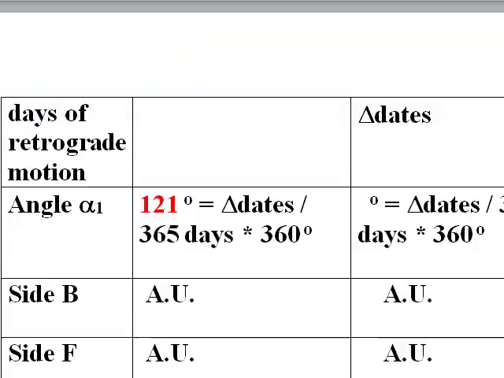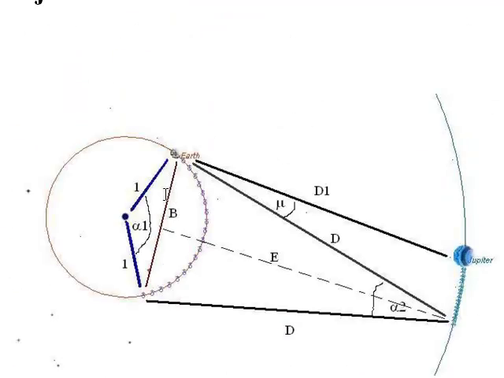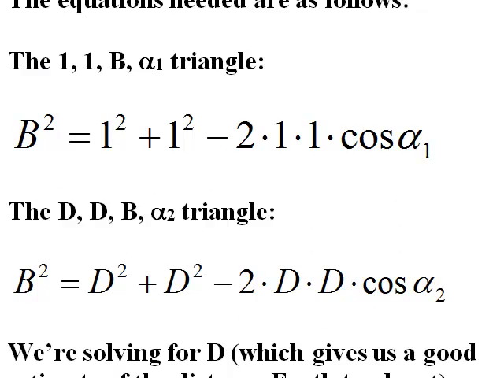Okay, now I'm going to calculate the side B. That's back to the diagram, this one here, so that takes the law of cosines. I just have alpha 1, which I believe was 121 degrees, and it looks like an oblique triangle, and it is. Here's the equation.